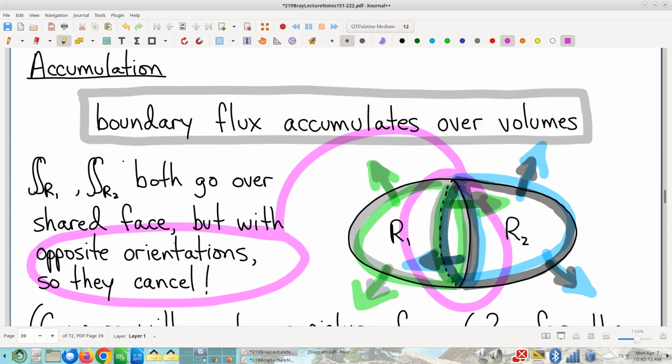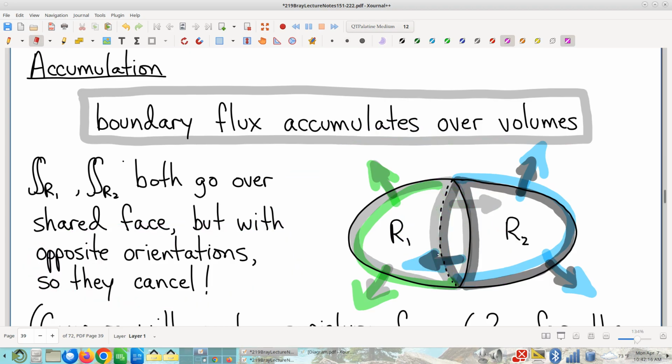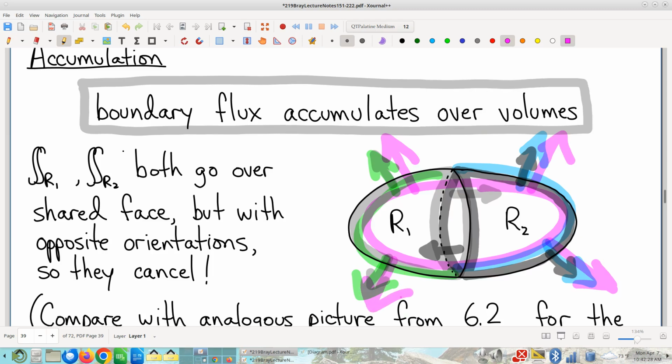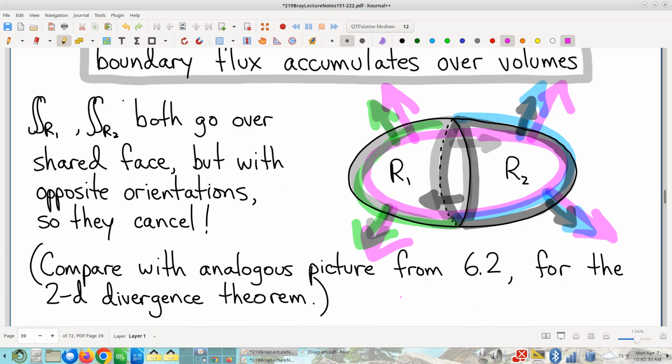And when you cancel those two faces, notice what you're left with is exactly the outward oriented boundary flux for the whole. So indeed, the whole is the sum of the parts. So this is an accumulating quantity. How are we doing? Everybody cool with this?